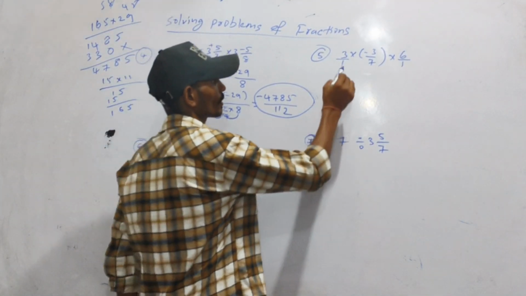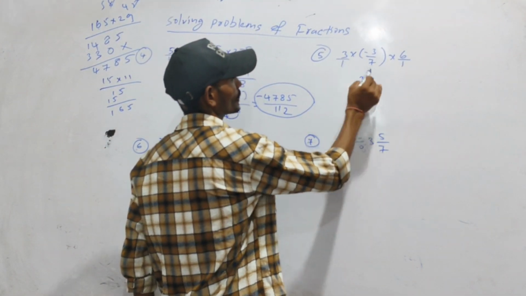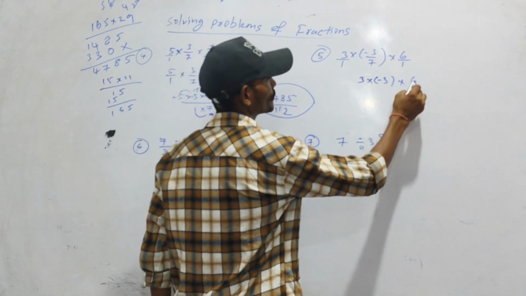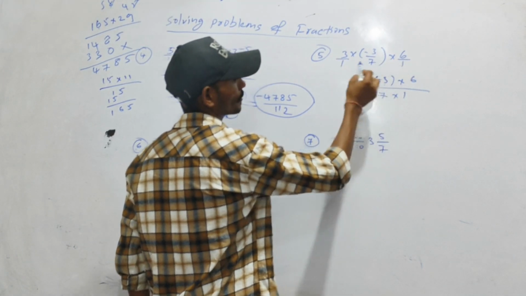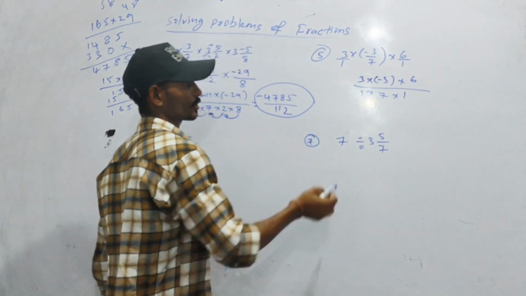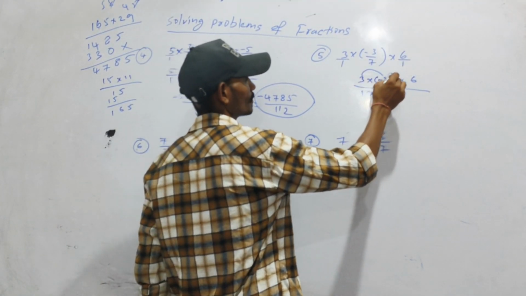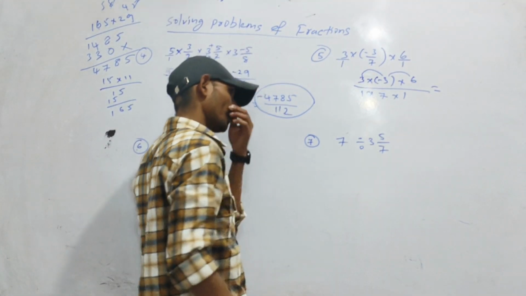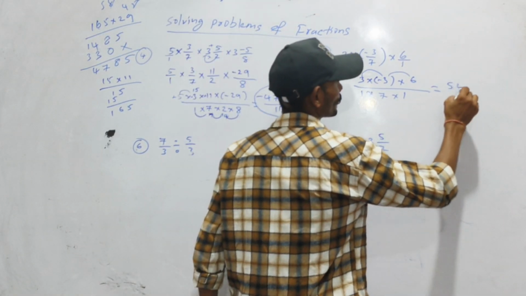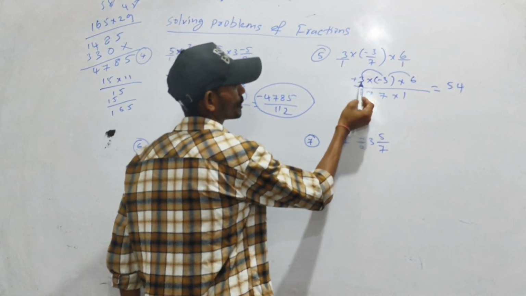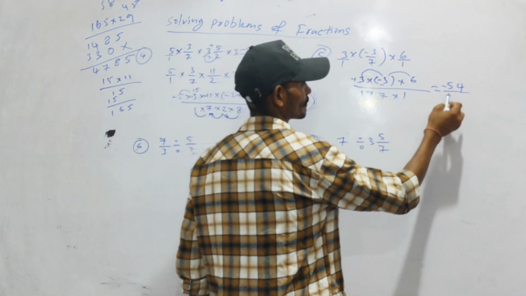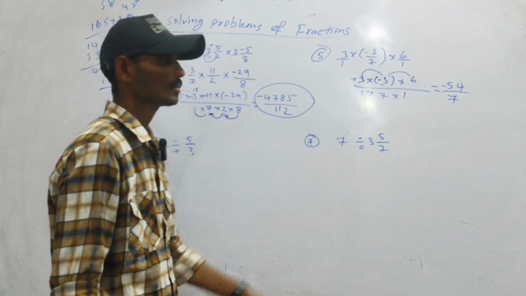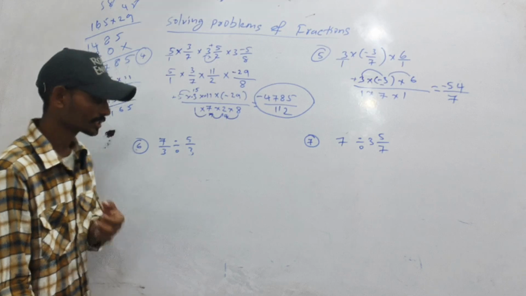Numerators into numerators, denominators into denominators. Numerator 3 into minus 3 into 6 by 1 into 7 into 1. So multiply: 3 3s are 9, 9 6s are 54. Next check the sign: positive into negative is negative, negative into positive is negative. By 7 1s are 7. This is the answer. Okay, next come to the next problem.